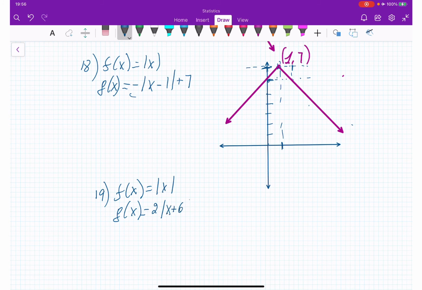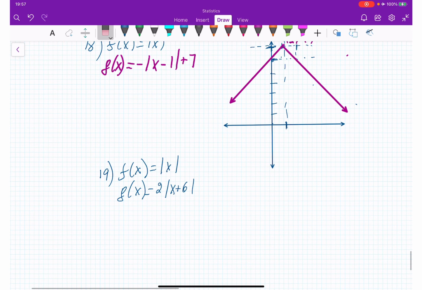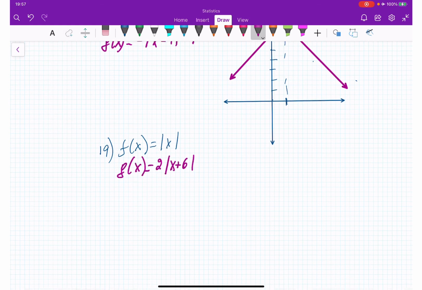Okay, let's see how we're going to build this one. Let's go with this one also. I'll change the color so we would know.